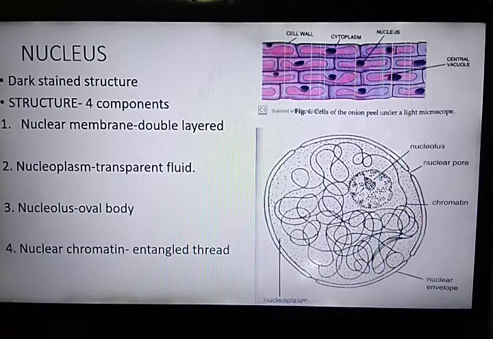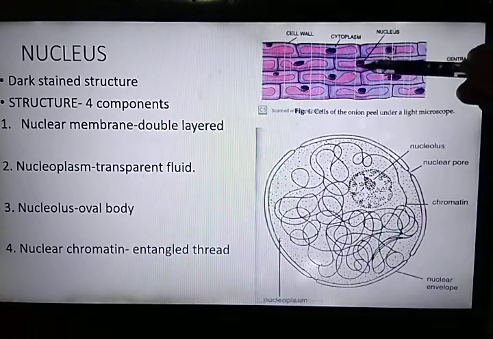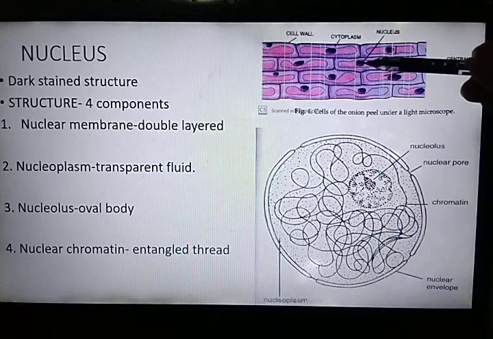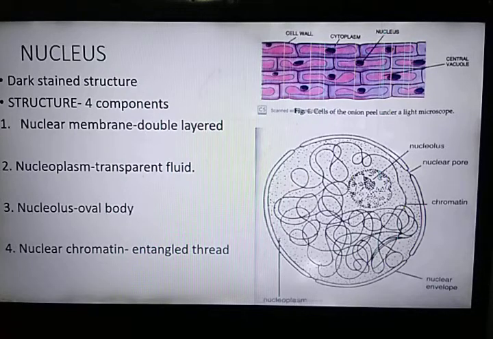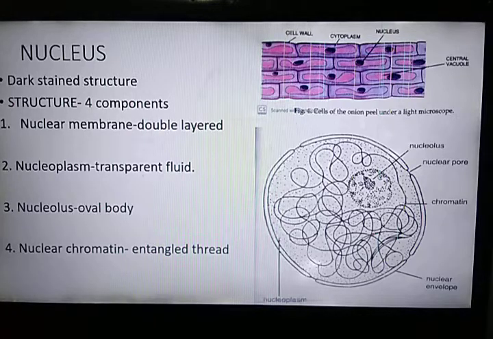The dark colored structure present in the center of the cell is known as the nucleus. So what is the nucleus? The nucleus is a darkly stained structure generally present in the center of the cell.